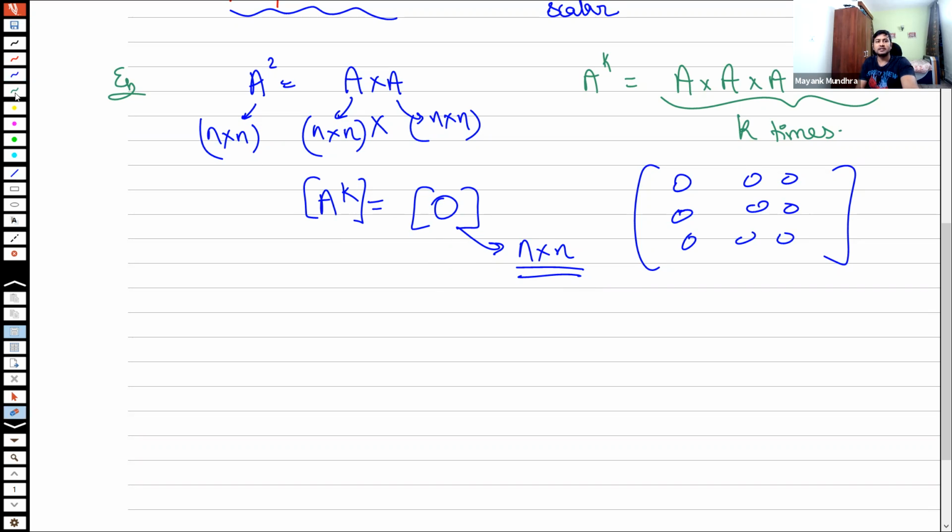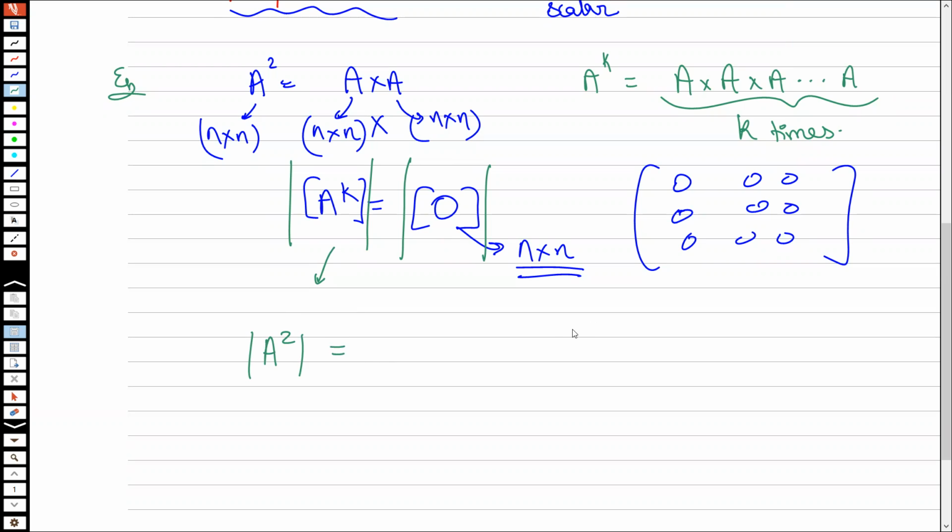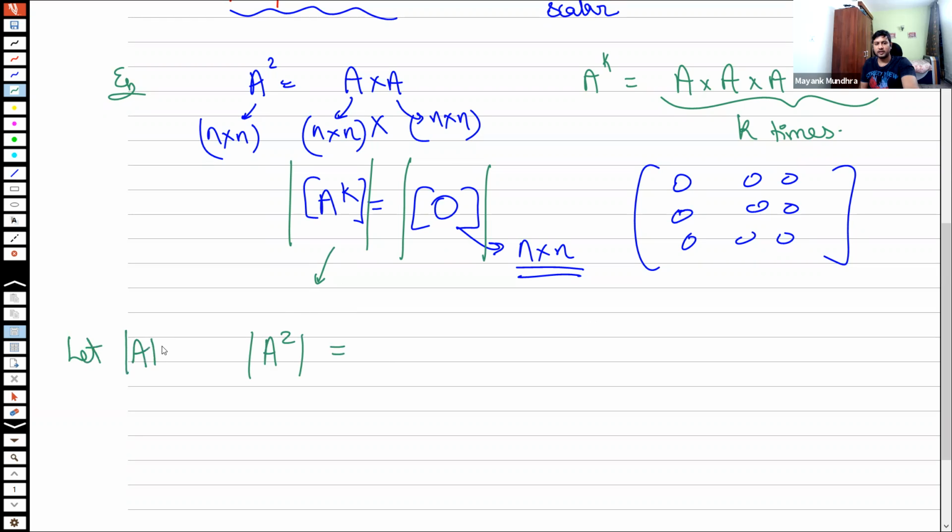So here what I'll do is take determinants on both sides. So determinant of A to the power k, what will this value be equal to? What is determinant of A square in terms of determinant of A? Suppose determinant of A equals alpha, then determinant of A square will be equal to what? Twice alpha?